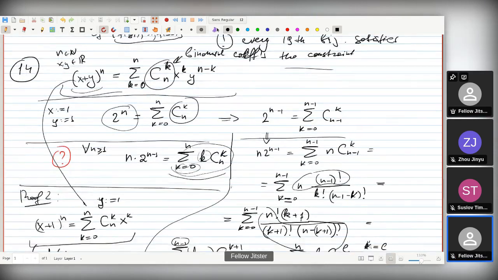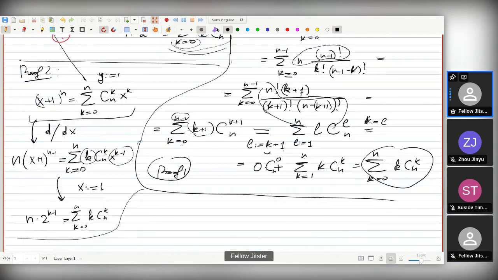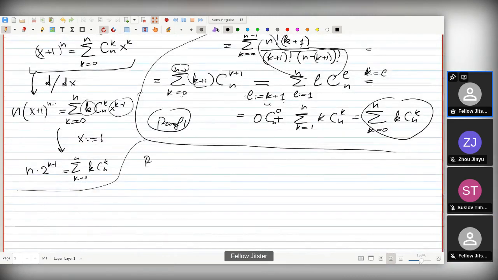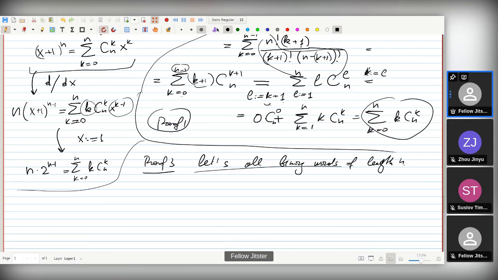Yes. And now let me give the last proof, the combinatorial one. Of course, there are other proofs, say by induction, but for example, let us consider all the binary words of length n. Assume, for example, that n equals 3.